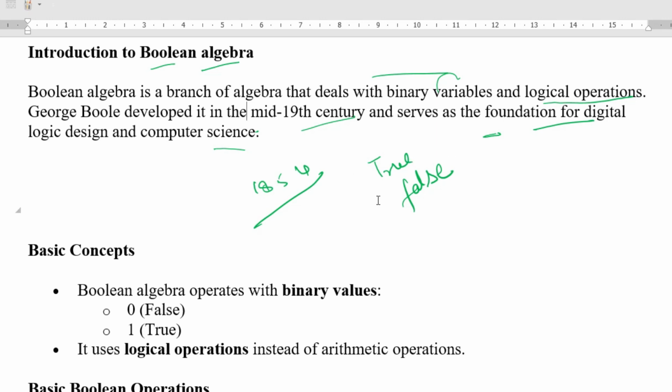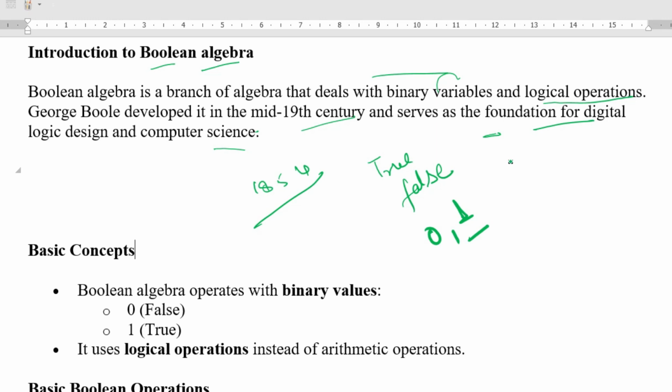Let's first understand the basic concept of Boolean algebra. Boolean algebra operates on simply binary values, which will be either 0 or 1.